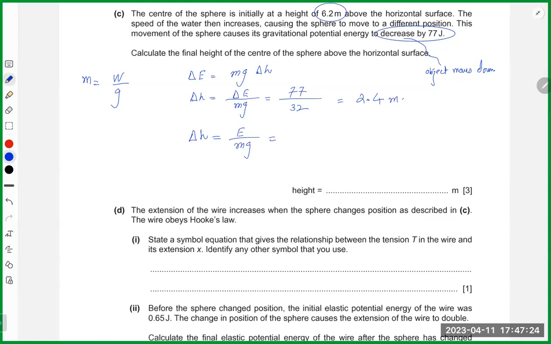Now, gravitational energy lost is 77, divided by mass, which is 32 divided by 9.81, and g is 9.81. We have just calculated that. Oh, sorry, we already have the fall in height.